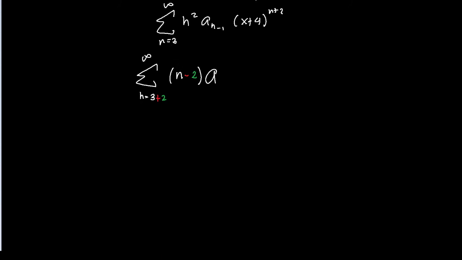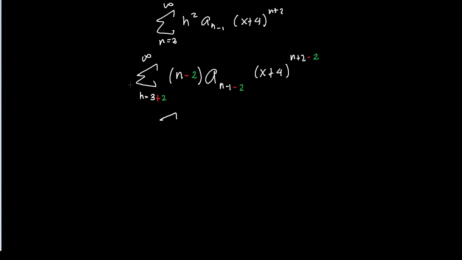Then here you have a sub n minus 1. But then you have minus 2 again. And then you have the exponent, which is n plus 2. So n plus 2, and you also have to subtract from this part by the same magnitude.